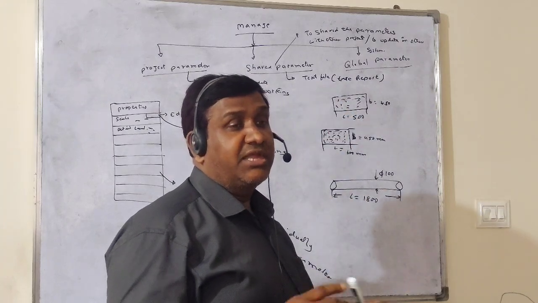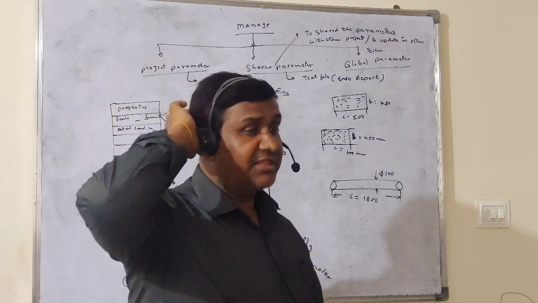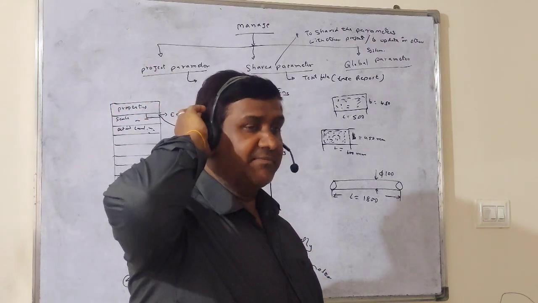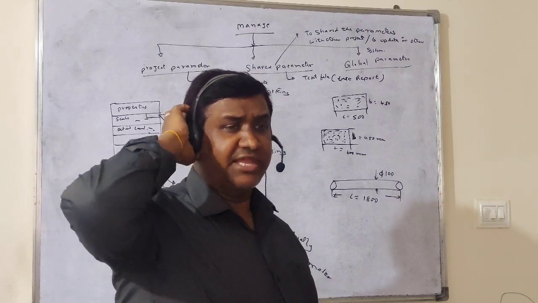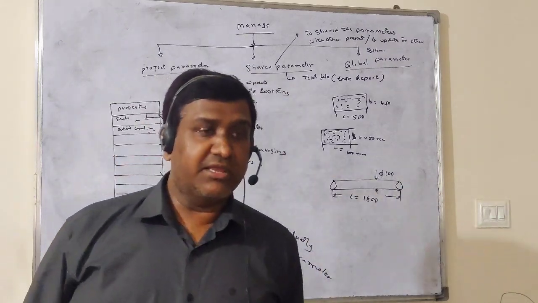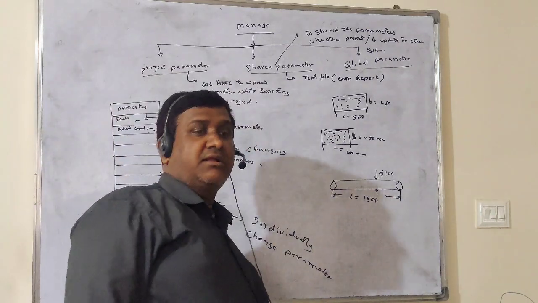It will take the report, and the same report you can update on the other computer also. You can take it directly, so there is no need to create it once again, no need to create it two or three times. It is created only once.